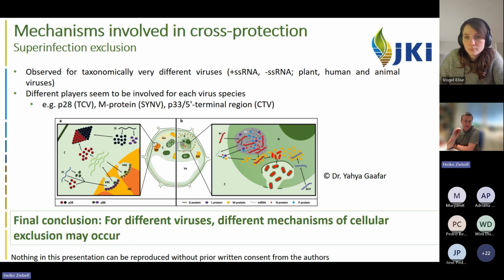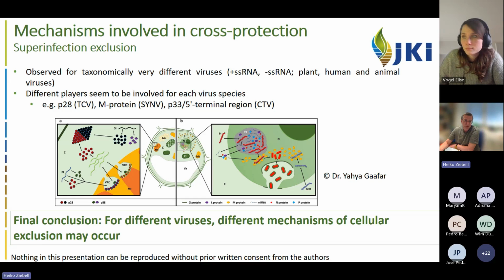And it seems, therefore, that for different viruses, we have different mechanisms of cellular exclusion that may occur, but we all refer to them as the phenomenon of cross-protection or superinfection exclusion.